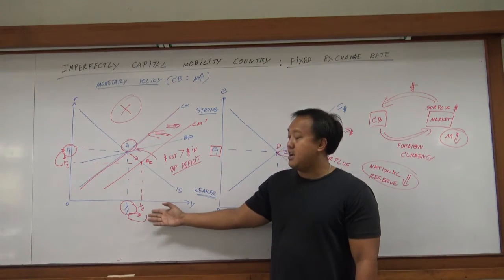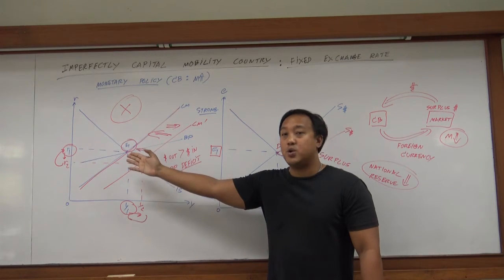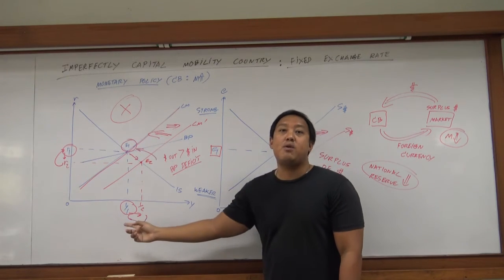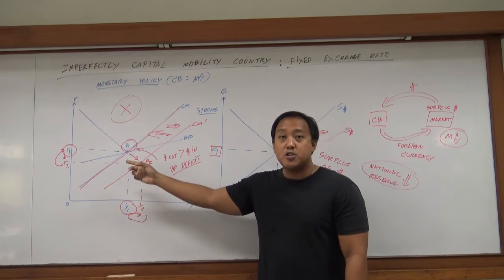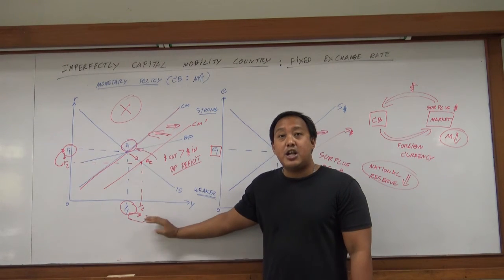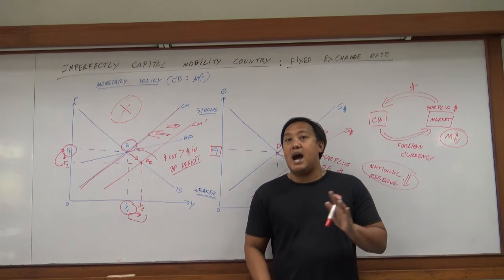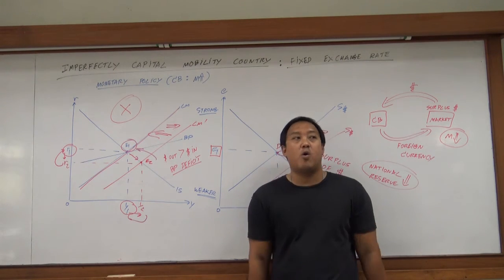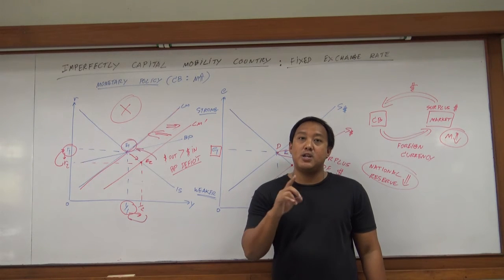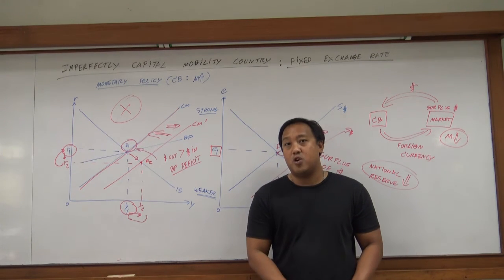After I showed everything to you here, the equilibrium goes backward to E1, the GDP goes backward to Y1, and the real interest rate also goes backward. The GDP going backward to Y1 means that this policy is unable to stimulate the economy. Again, this policy is unable to stimulate the economy.